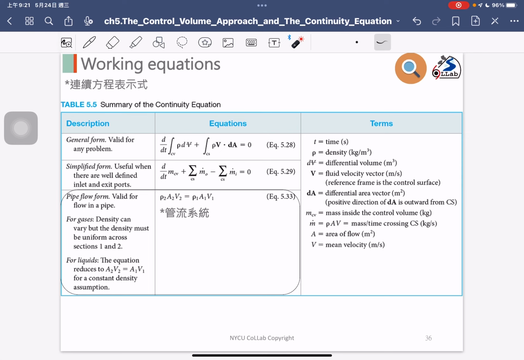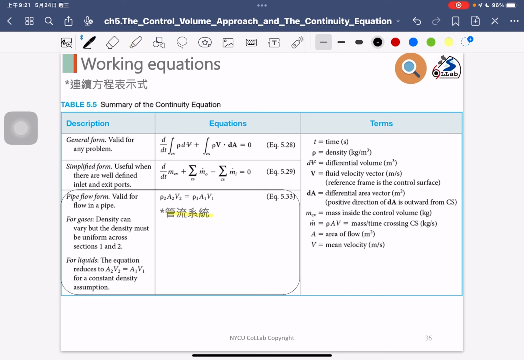And one important thing I highlight here is the formula for pipe flow. So how does it differ if you consider your system to be pipe flow?